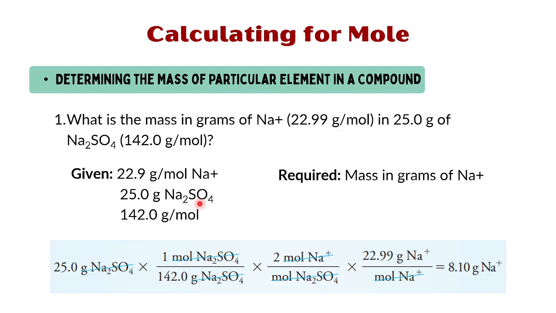And then, we also have here the molar mass for the compound sodium sulfate, which is 142.0 grams per mole. So the required here, class, is to calculate the mass in grams of, or the mass of sodium in grams as the unit. Alright, so that's how easy it is.